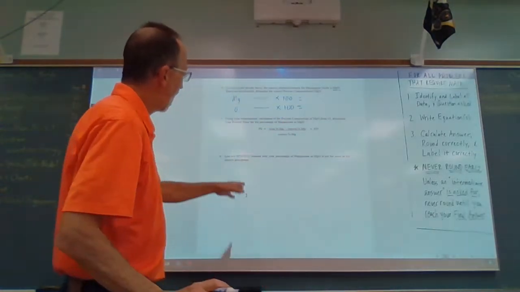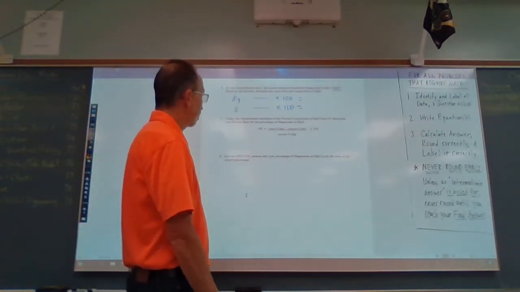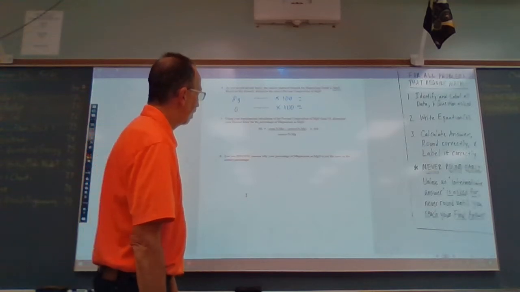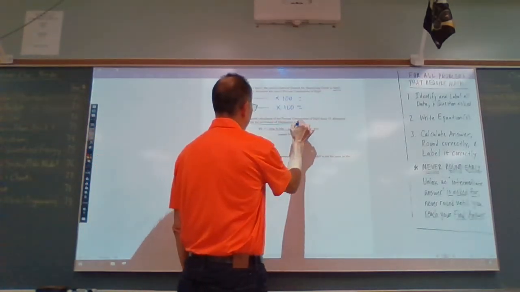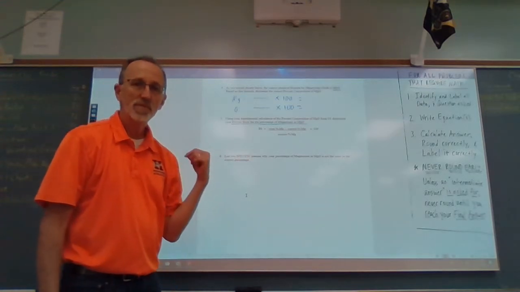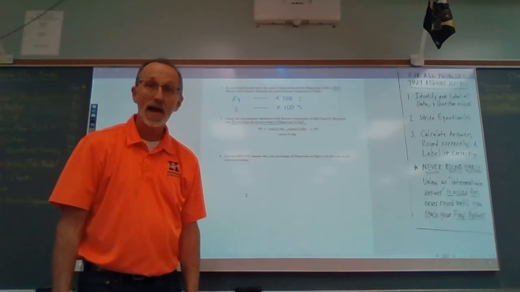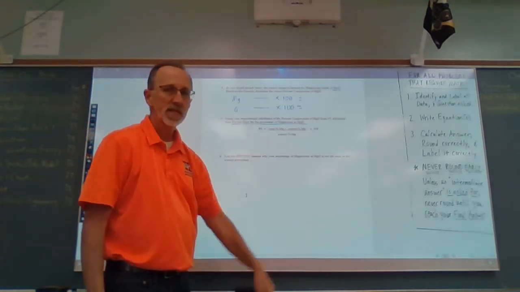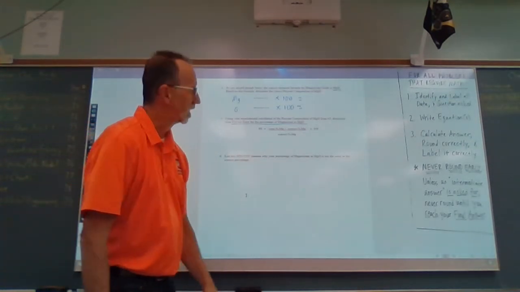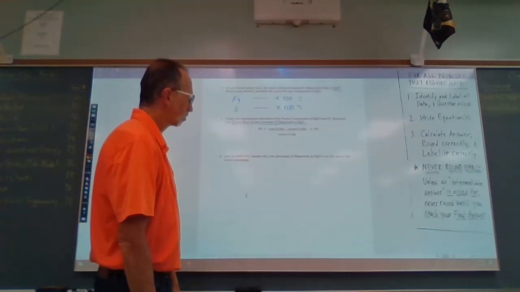And then in number 5, you're going to use your experimental calculation of the percent comp from number 3. Determine your percent error for the percentage of magnesium in MgO. So from number 3 would be your actual percentage, your lab result. The correct percentage, which of course is the theoretical percentage, comes from up here, like we did right here.